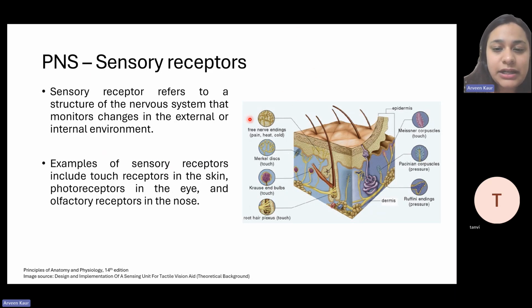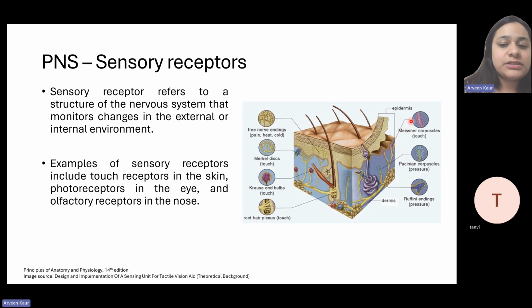There are receptors with free nerve endings that basically sense pain, heat, and cold. Then there are Merkel discs, which basically sense touch. Then there are Krause end bulbs, which are again responsible for touch sensation. Then the root hair plexus, again responsible for touch reception.